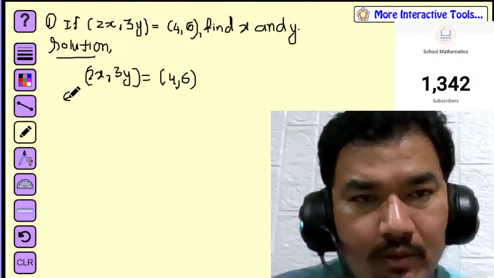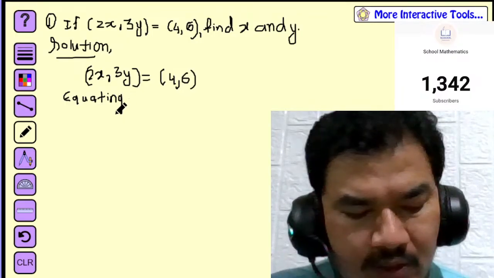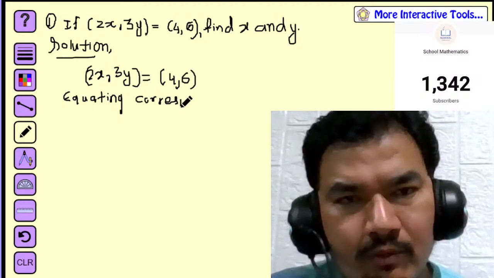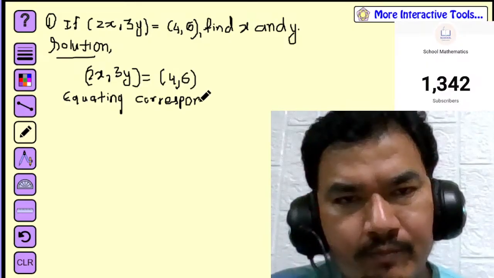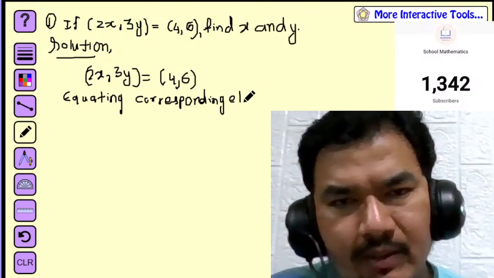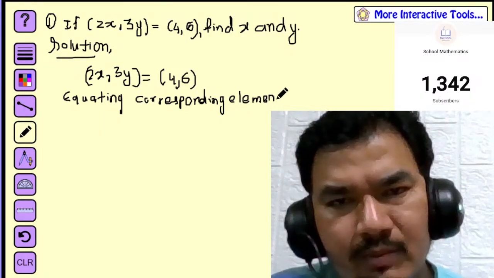The corresponding values, elements or components, we can write, equating the corresponding components.